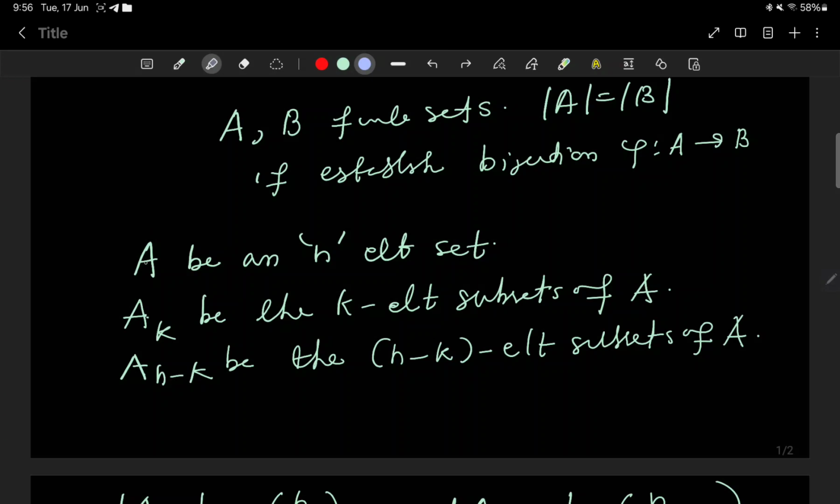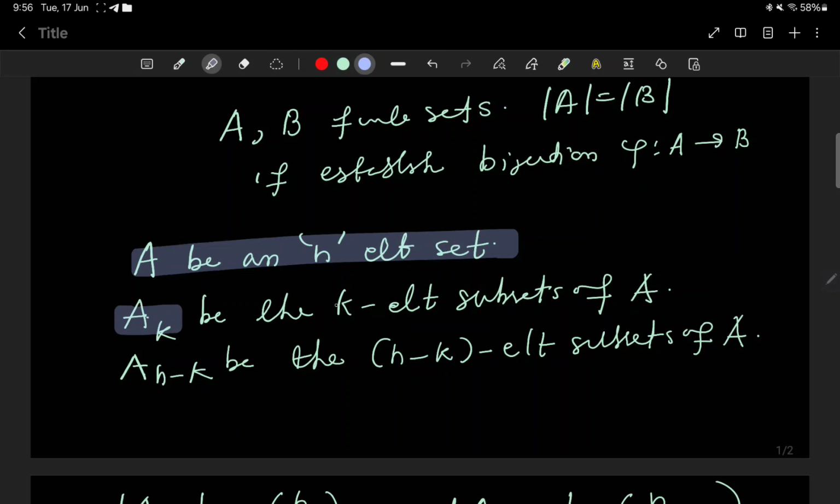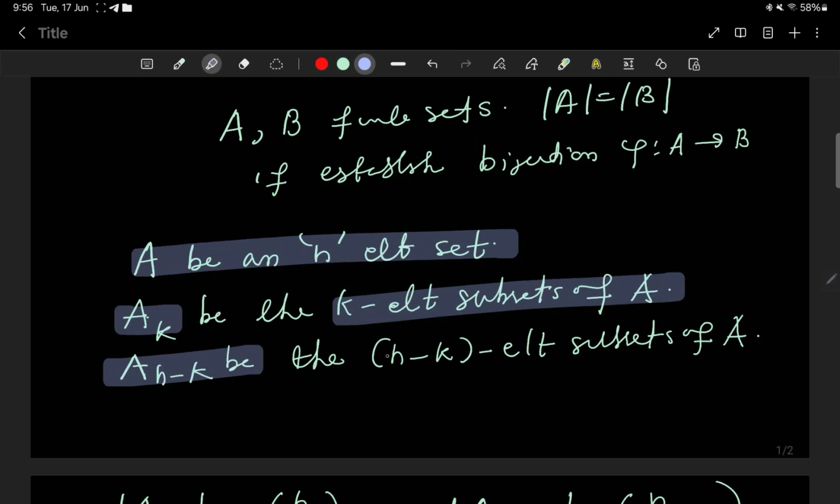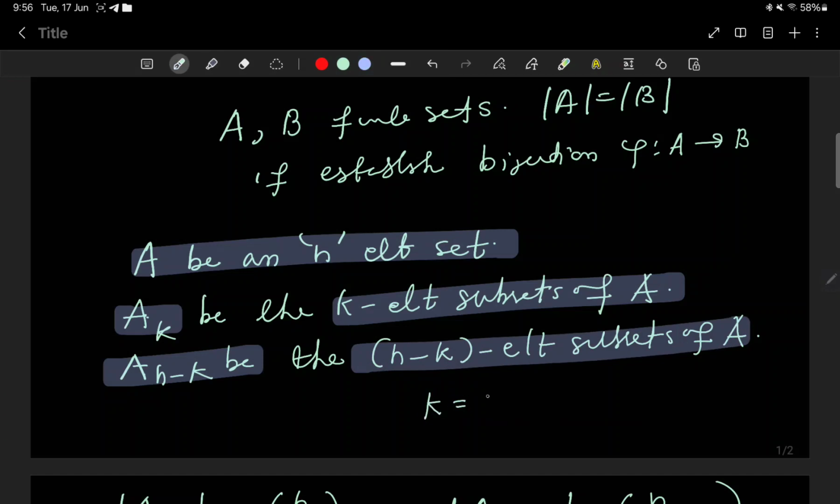So let's first construct this. Let A be an n-element set, and we denote A_k as the set of all k-element subsets of A, and A_(n minus k) as all the (n minus k)-element subsets of A, right? In this case k runs from 1 up to n, because these are the possibilities for subsets.